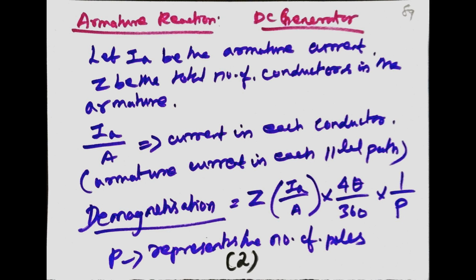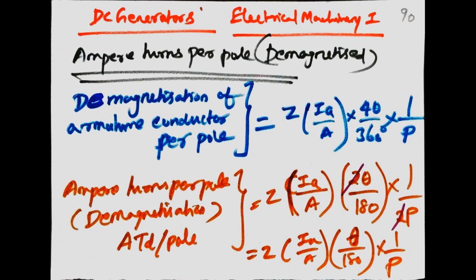We are using a bipolar generator, so the P value is 2. Ampere turns per pole demagnetizing: the demagnetization of the armature conductors per pole is equal to Z Ia divided by A into 4 theta divided by 360 degrees into 1 by P. Ampere turns per pole demagnetizing, that is ATd per pole, is equal to Z Ia divided by A into theta divided by 180 into 1 divided by P.